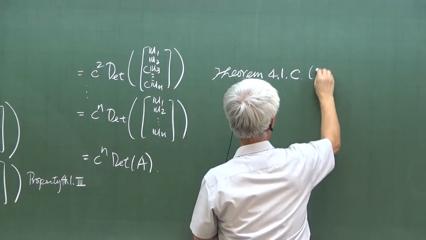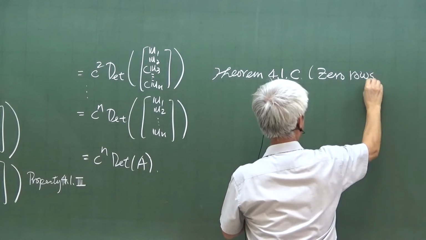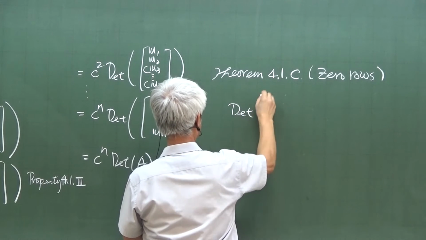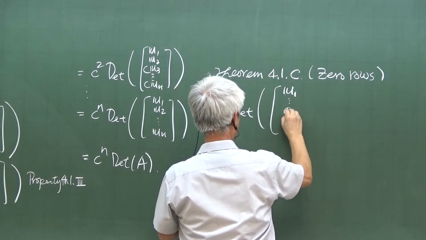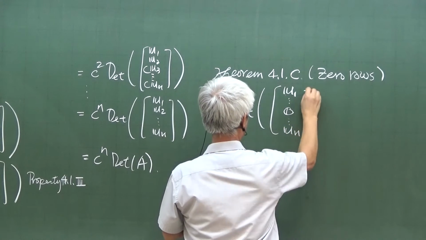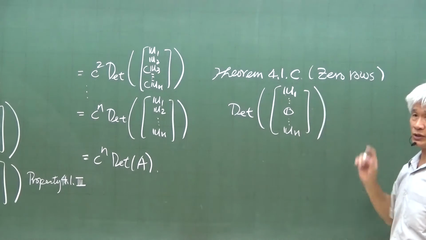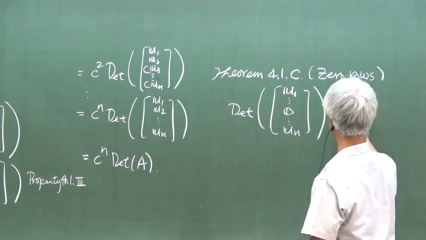So it's about zeros. If one of the rows of the matrix A is zeros, then the determinant is 0.